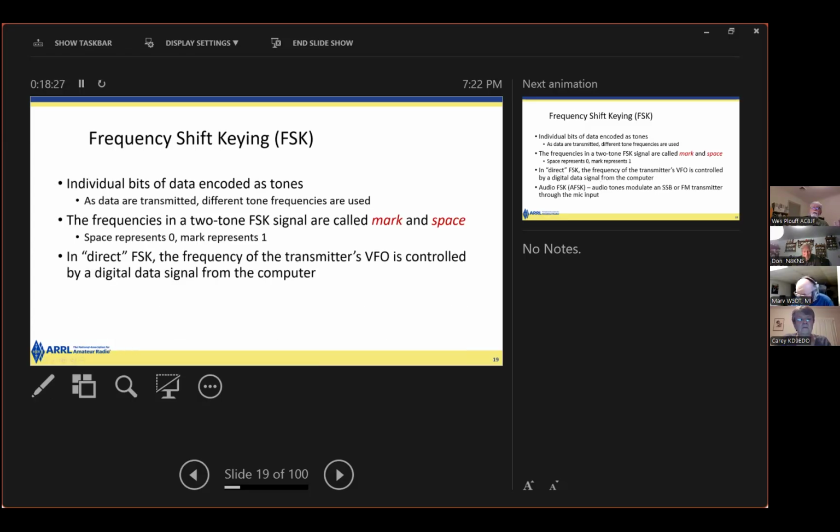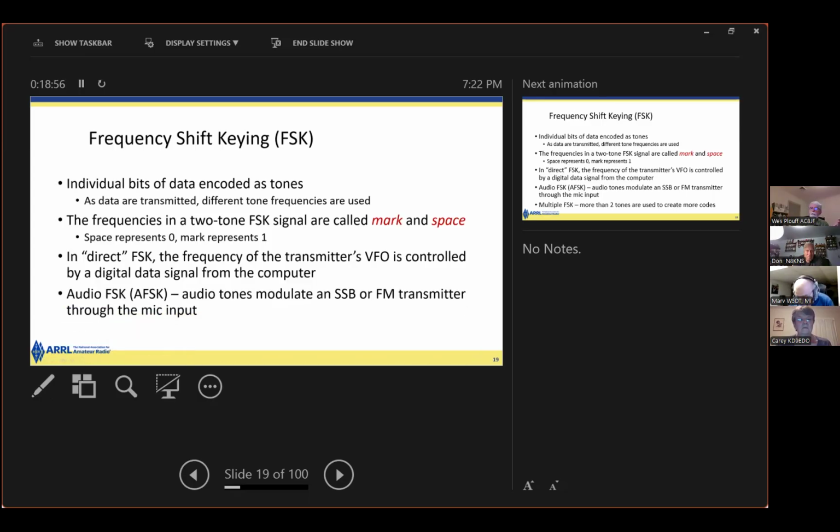There are 2 different ways you can do this. One is you can frequency modulate your transmitter directly, so that the digital signal directly modulates the VFO, which controls the frequency of your transmitter. So you have a carrier that's on one of 2 frequencies.